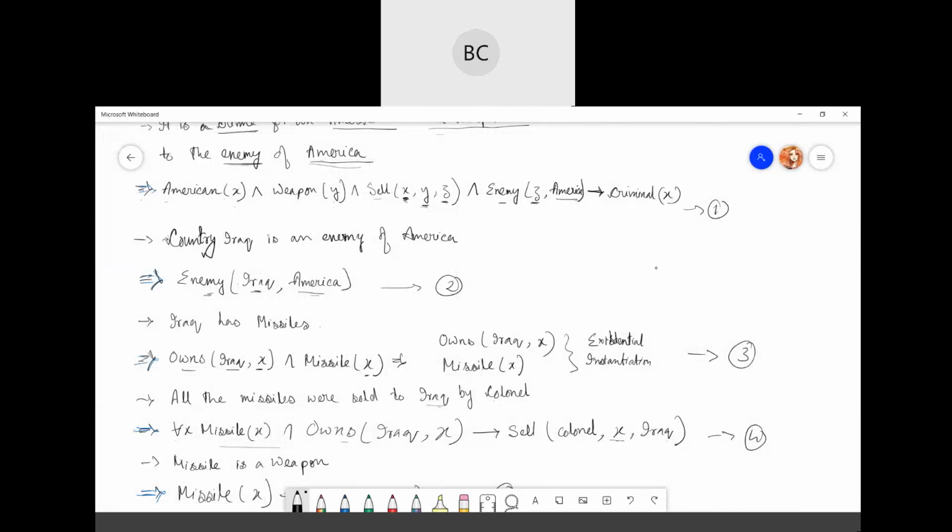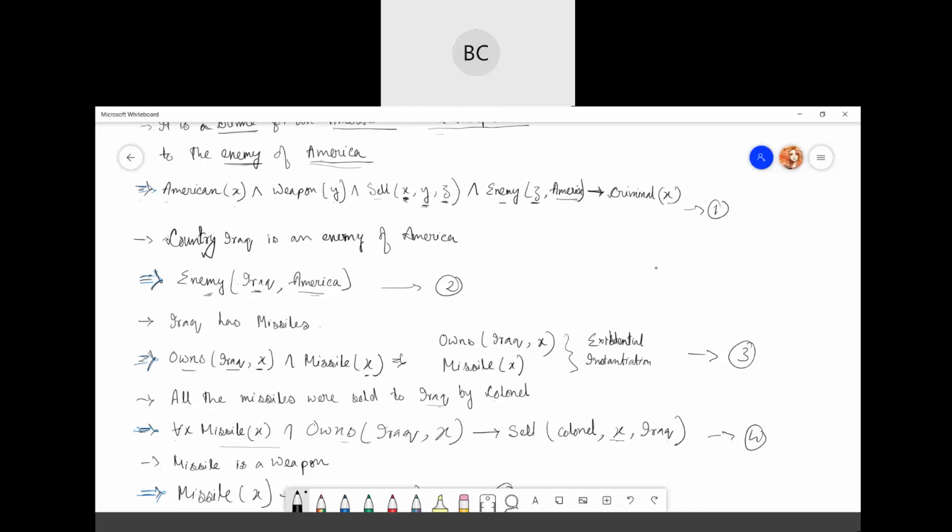This one, our first fact. We will always start from the predicates on the left side and see what we can deduce to the right.